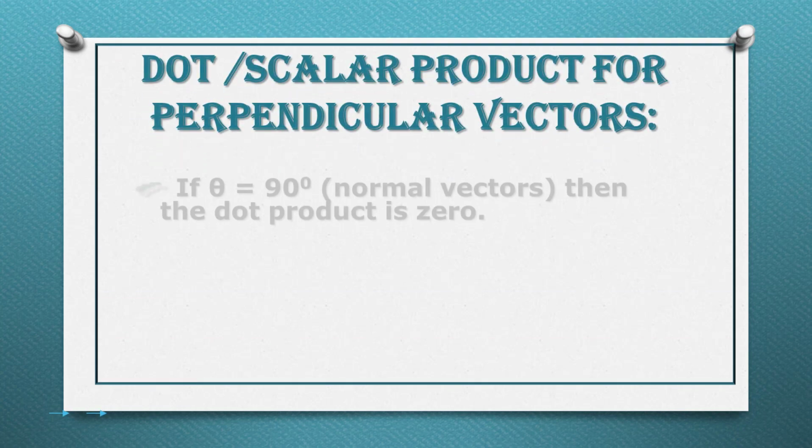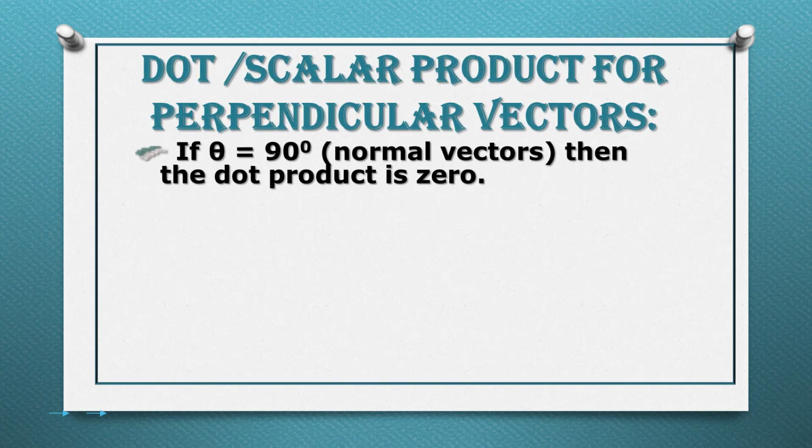Okay, then we can say that if we have two vectors and the angle between those two vectors is 90 degrees, if theta is equal to 90 degrees, we have normal vectors, orthogonal vectors, perpendicular vectors, then the dot product is 0. How are we going to check this?